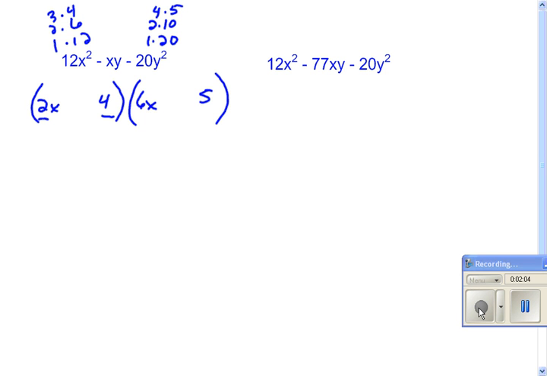So you know 2 and 6 cannot be the factors that you want. And you also know that 2 and 10 cannot be the factors you want because they're both even. And no matter what you put together with them, you will get an even with an even.